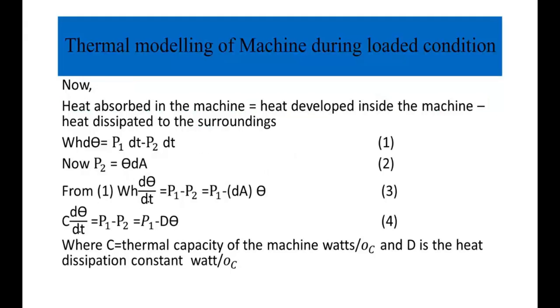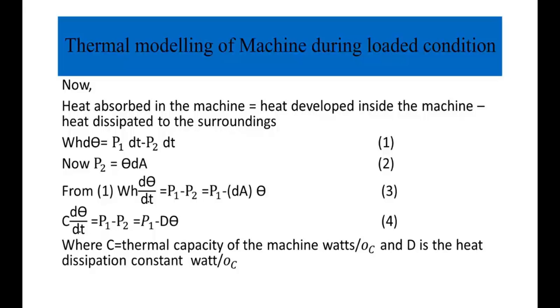Now we know that if a load is connected across the machine, then the temperature of the machine will increase. We can write that heat absorbed in the machine is equal to heat developed inside the machine minus heat dissipated to the surroundings.